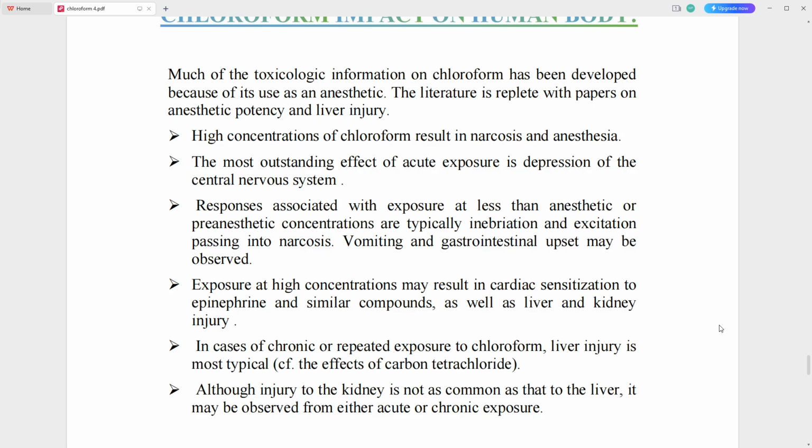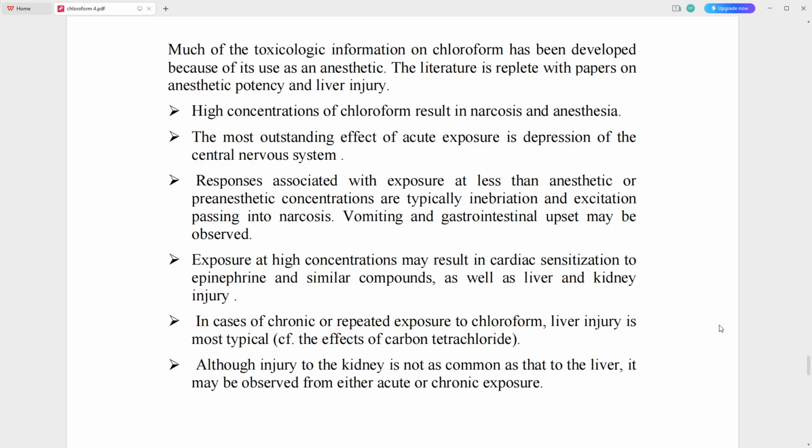Vomiting and gastrointestinal upset may be observed. Exposure to high concentration may result in cardiac sensitization to epinephrine and similar compounds, as well as liver and kidney injuries. In cases of chronic or repeated exposure to chloroform, liver injury is most typical. Although injury to the kidney is not as common as that to the liver, it may be observed from either acute or chronic exposure.